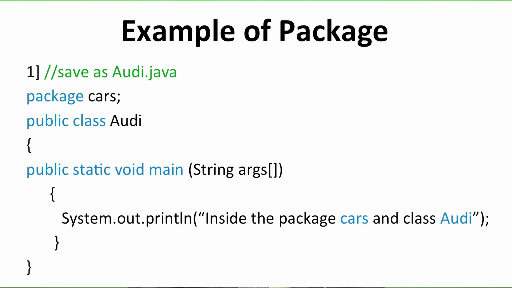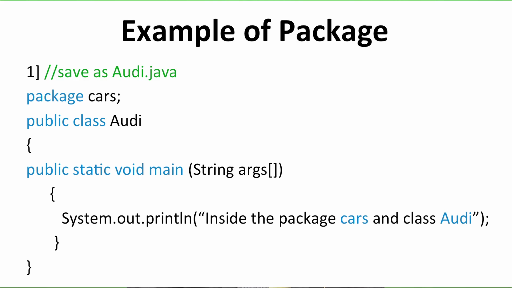First example, we are saving this file as audi.java because audi is the name of the class. So, to start with, package cars, then public class audi, public static void main, then String args, then system.out.println, and we are just printing a message inside the package cars and class audi. So, I am elaborating this program.